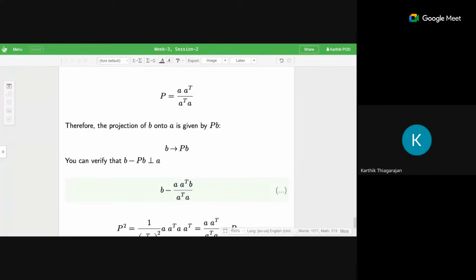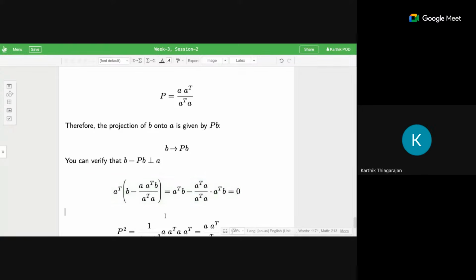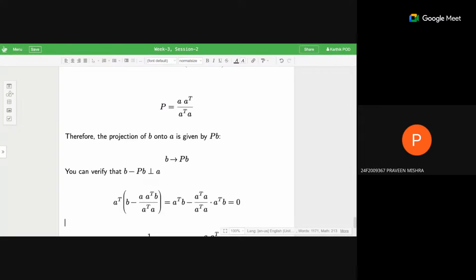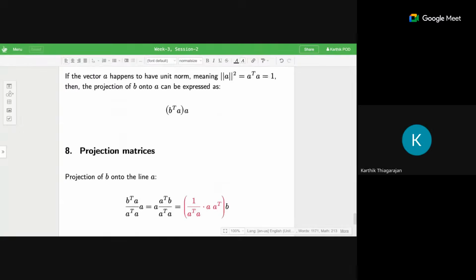Is this perpendicular to A? For that, you should do A transpose of this. You get A transpose B minus A transpose A in the numerator, with A transpose A in the denominator, and then you have an A transpose B. So that is 0. We can also take it from the figure.